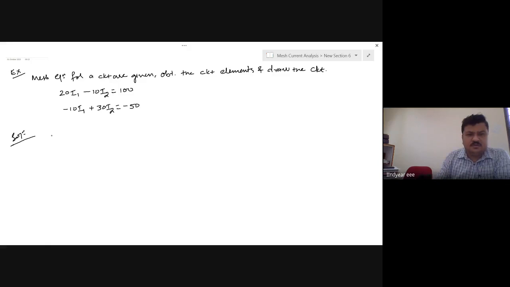You can write, we have two equations with two unknown currents.